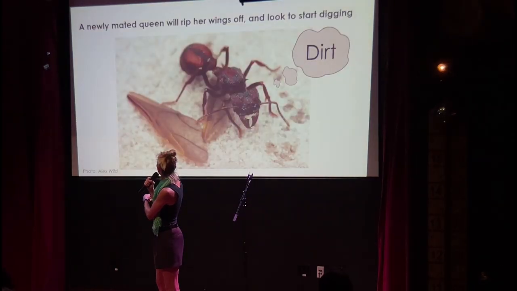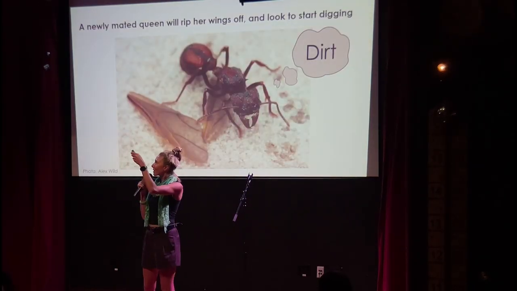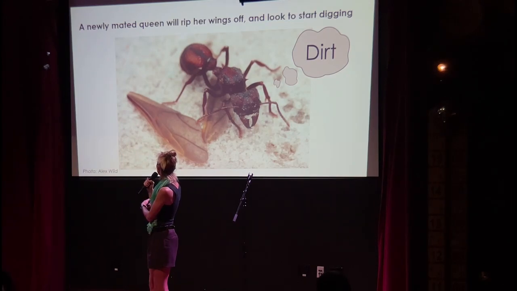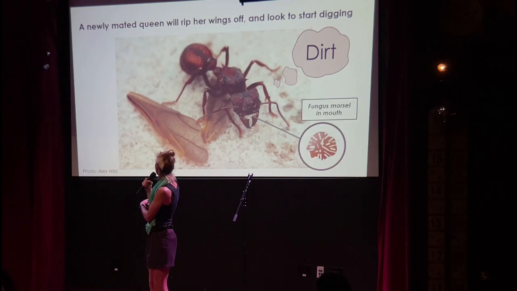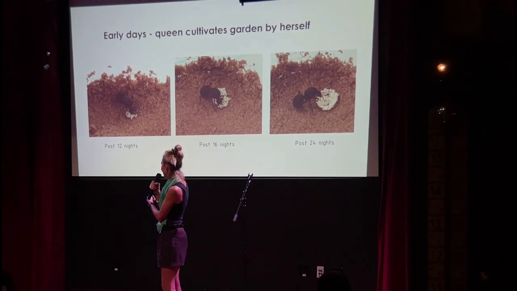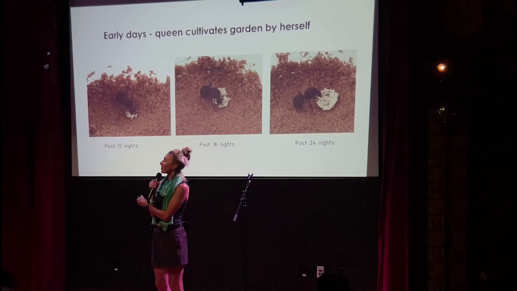So after the flight, the queen will mate in the sky, and she'll go to the ground. And along with her, she has this little piece of fungus, right? She'll go in the ground and start fertilizing it with some sterile eggs, and you get this little plate here, and it becomes a little larger, and a little larger. She's all by herself, right?